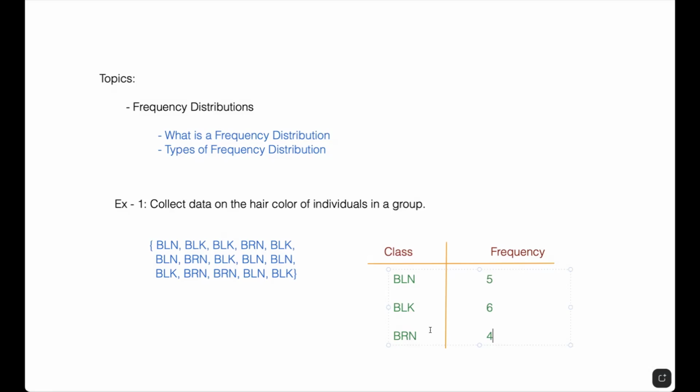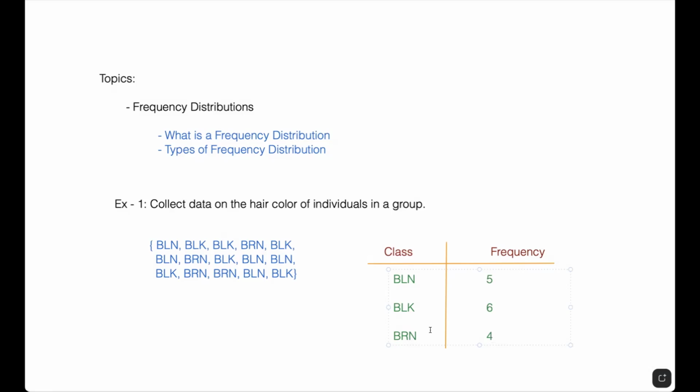And so looking at this table, you get a trend. Like you can see the trend or pattern in the data that you've collected. So what is the typical hair color? Like which of the hair color occurred more frequently? So you really can see that trend in this representation in the form of a frequency distribution, right?